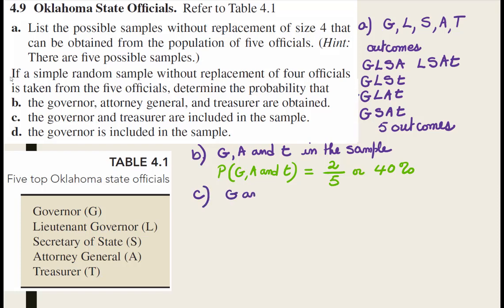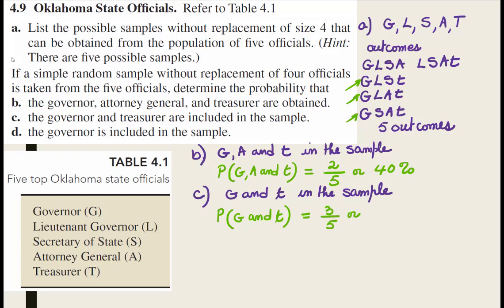C, the probability that the governor and the treasurer are included in the sample, P of G and T. In the sample, G and T, so we have GLST, GLAT, and GSAT. So the probability of G and T is 3 out of 5, 3 over 5, or 60%.